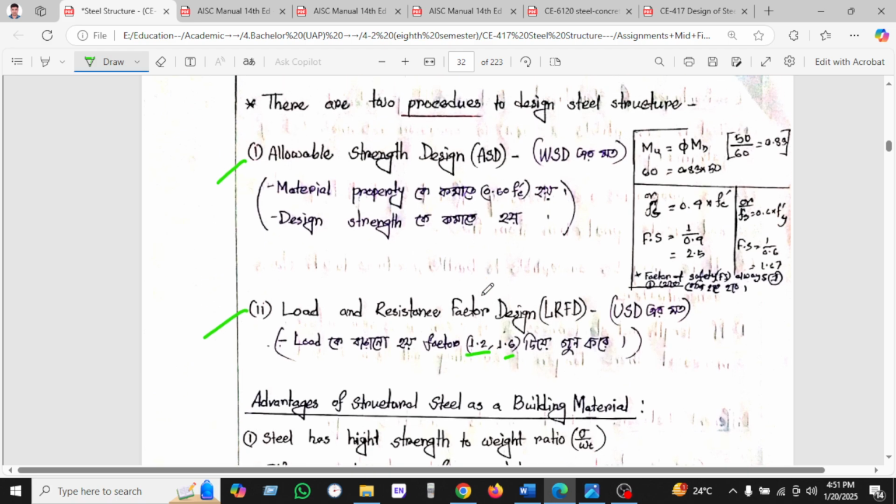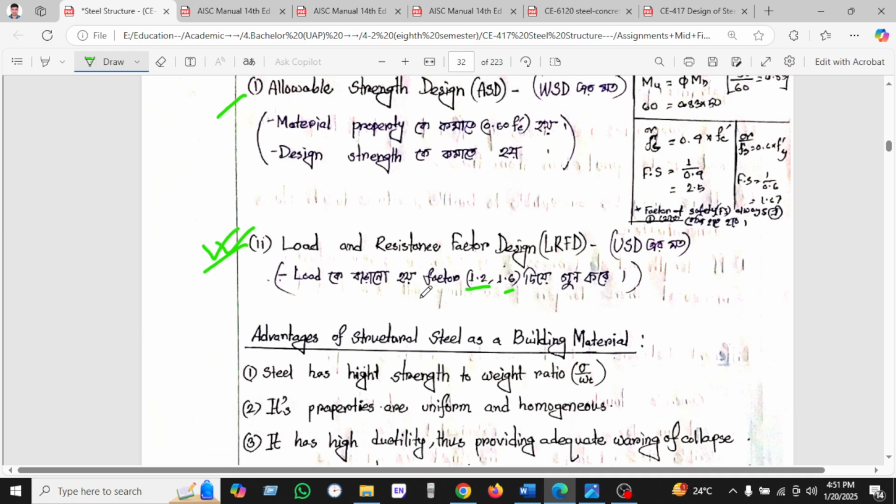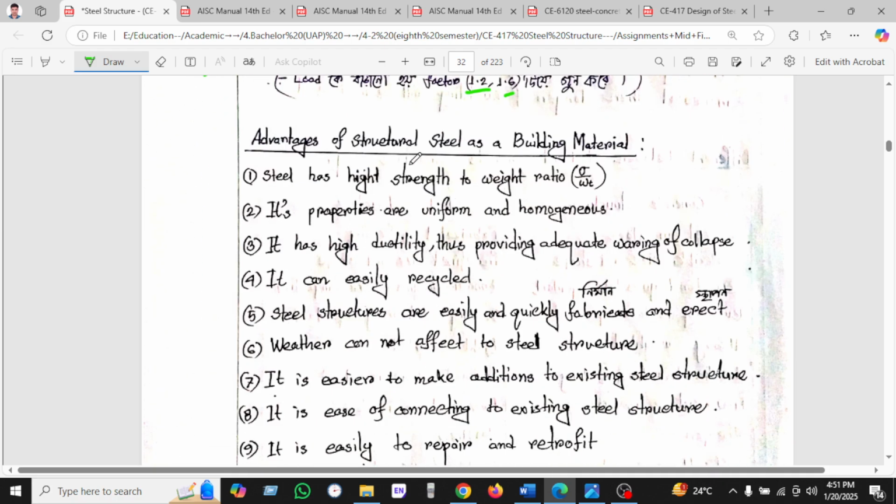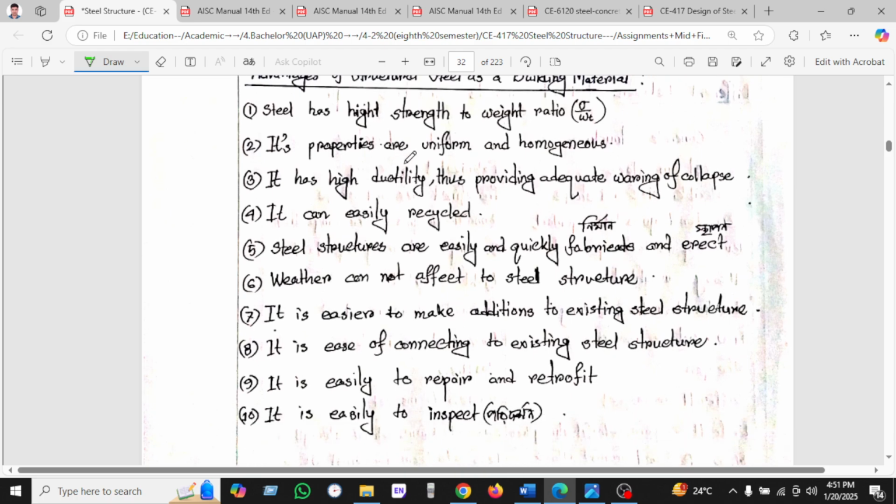Most of the world, including our country, uses load and resistance factor design, which is LRFD.